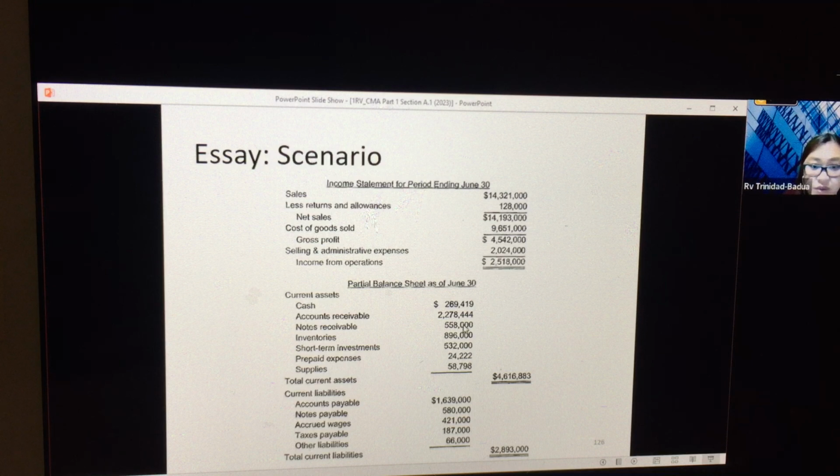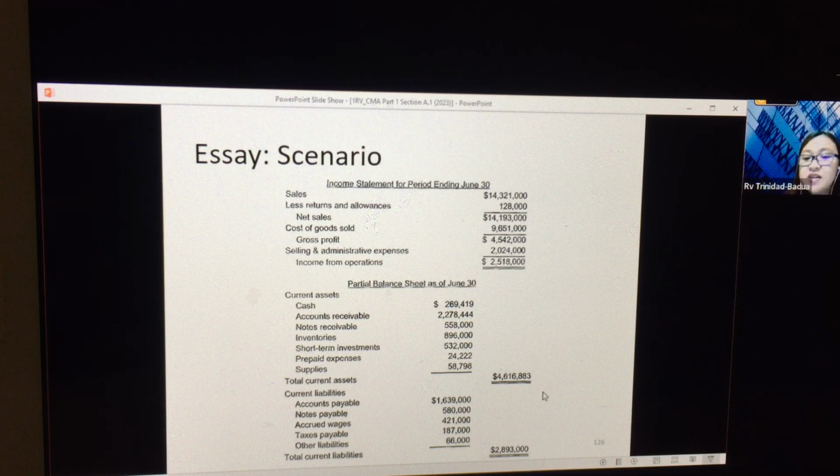Yung change niya na total current assets of 4,616,883 minus yung 1,250,000 yung sale na hindi mo dapat i-recognize.